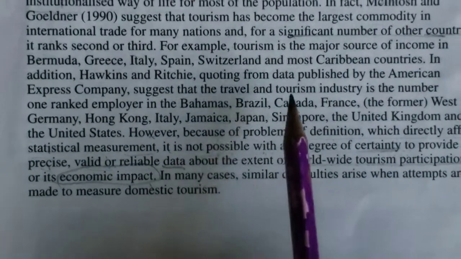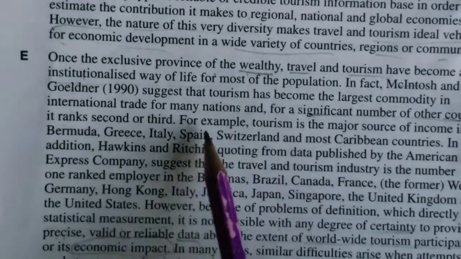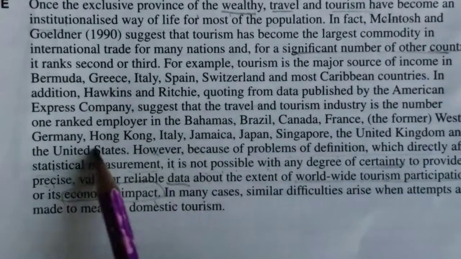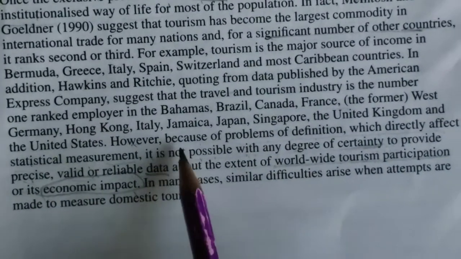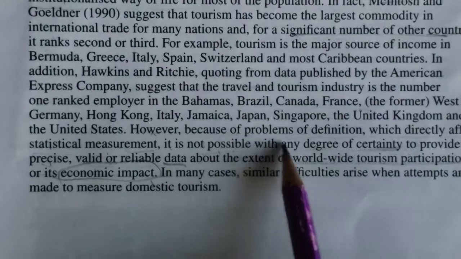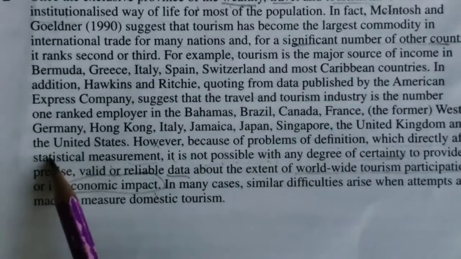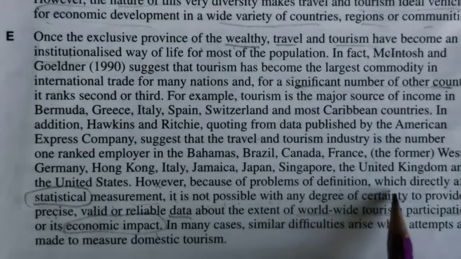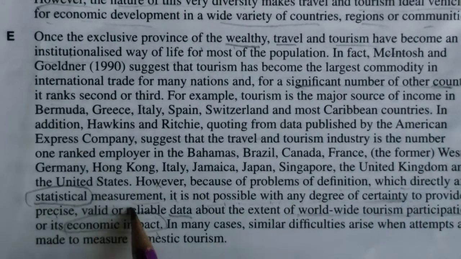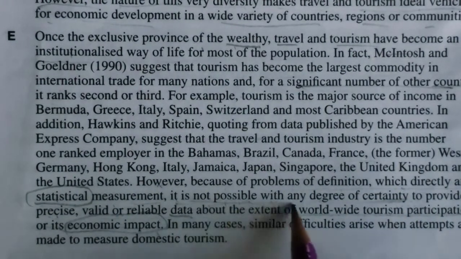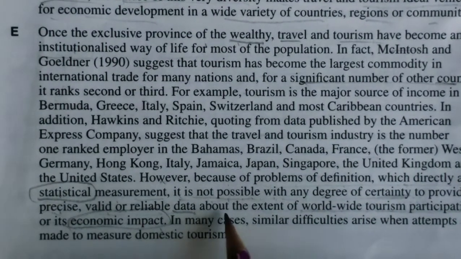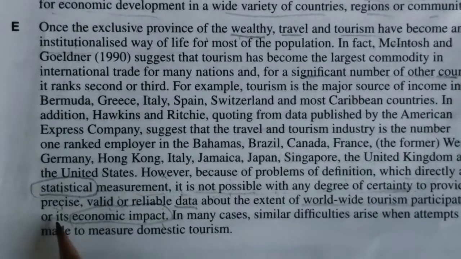I have just found this word. However, because of problems of definition which directly affect statistical measurement, it is not possible with any degree of certainty to provide precise, valid, reliable data about tourism participation in economic.